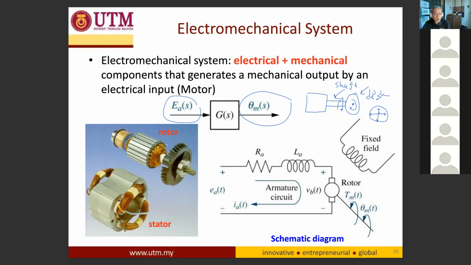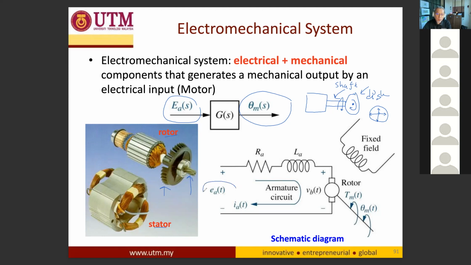Okay, so this is the motor, a DC motor, which consists of a rotor and a stator. This is the shaft that I told you about, and there is some gear on it. Inside the rotor and the stator is the winding, a copper winding. This copper winding will supply the EA, the voltage, electromotive force, to the armature circuit, which is shown here.